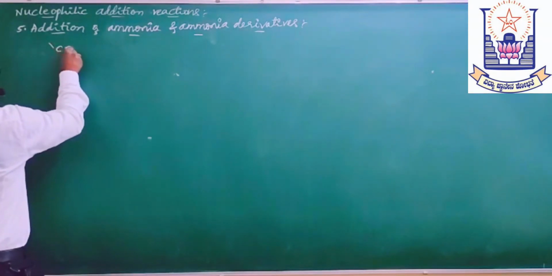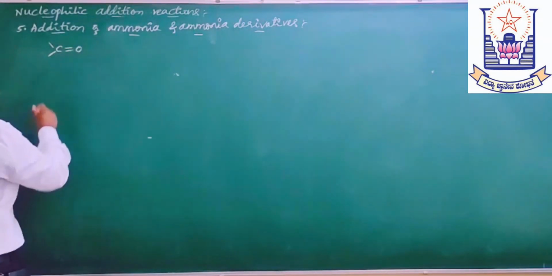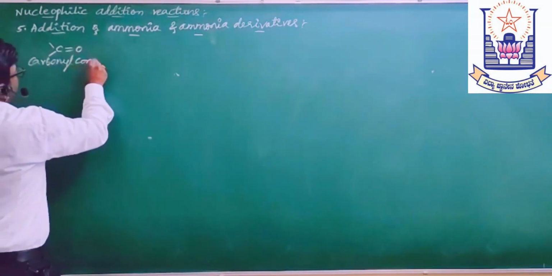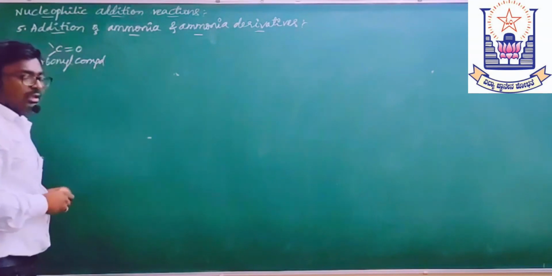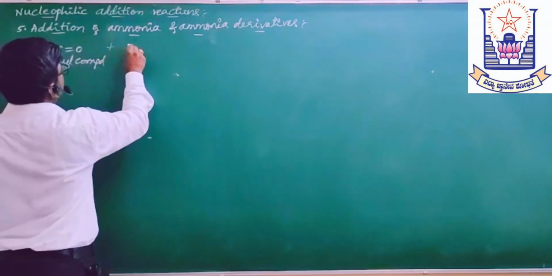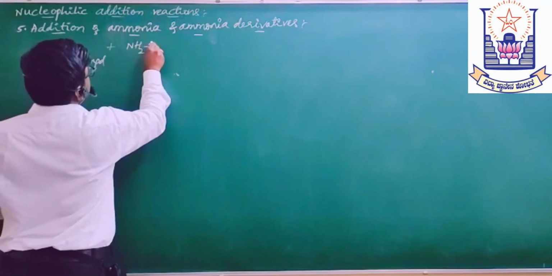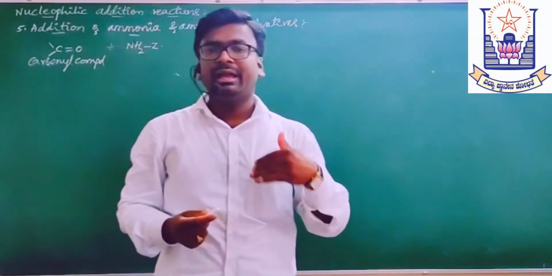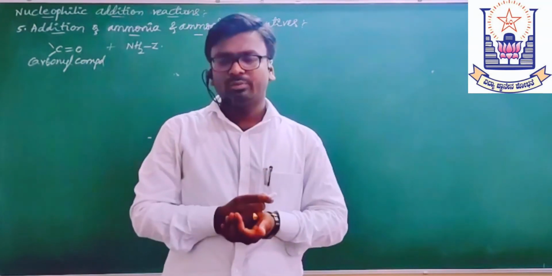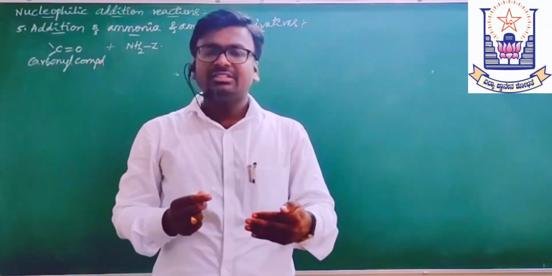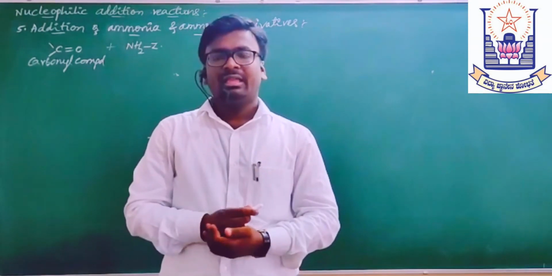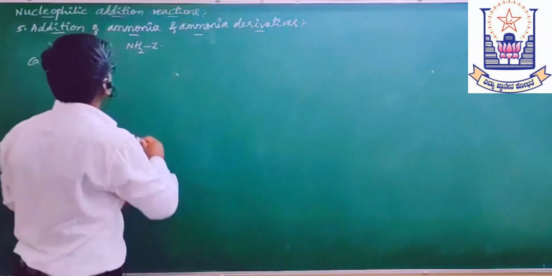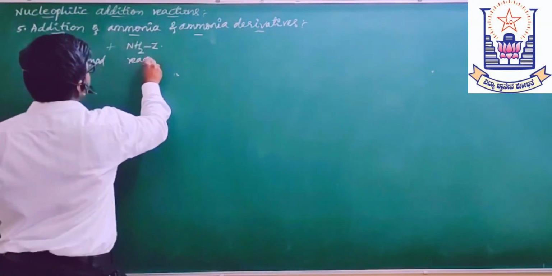Take the carbonyl compound. This is a carbonyl compound, and I am going to take NH2Z, where Z may be hydrogen or any other group. When Z is equal to hydrogen, that is ammonia. When Z is another group, there will be another reagent. So this is what I am calling the reagent.